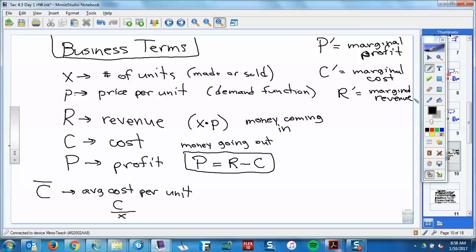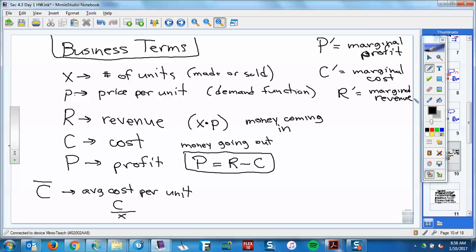Right? And typically the lingo in business is when you maximize your profit, you're looking for a marginal profit of 0. Think about it in calculus terms. Why would the marginal profit be 0? Slope is 0 at the peak, right?